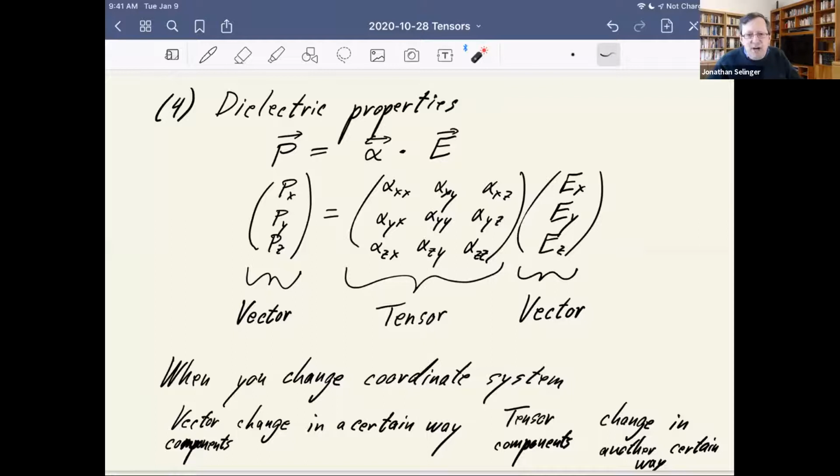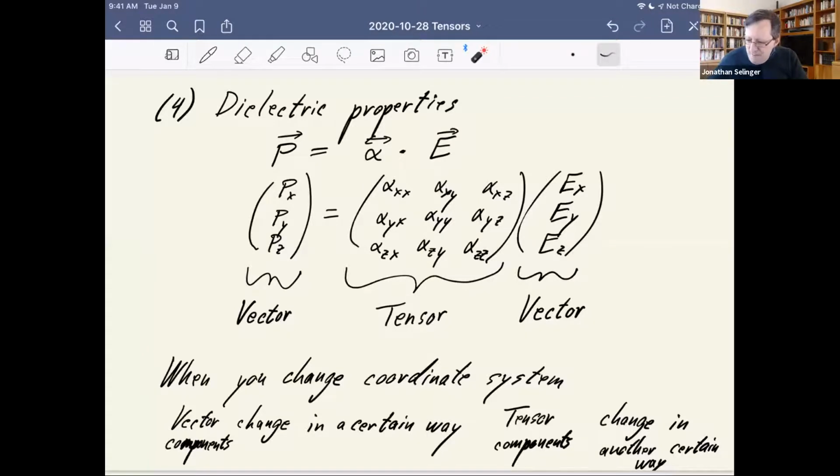Whereas if you break my rules, then you will make statements that are physically meaningless in the sense that they depend on which coordinate system you use. So you'll be saying things like, the temperature is less than my age, and you don't want to do that.